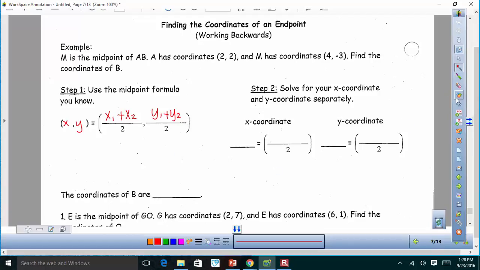Okay? So let's look at our problem. So we have a line. What is our line called? AB. So I'm going to label this line A, B. What is its midpoint?